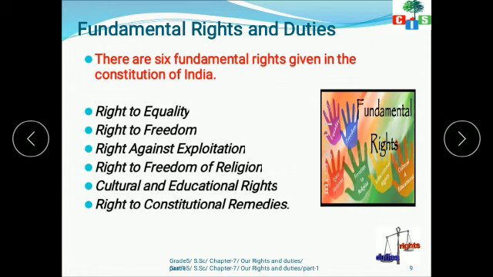So, children, by this you have got a basic introduction about our Constitution, and about rights and the fundamental rights and duties given in it.